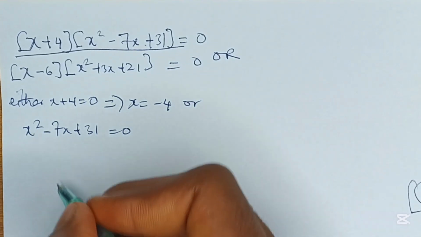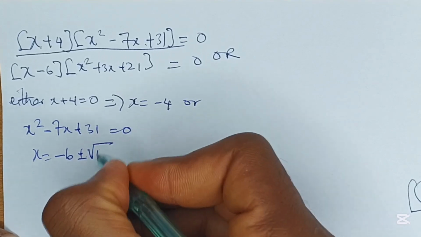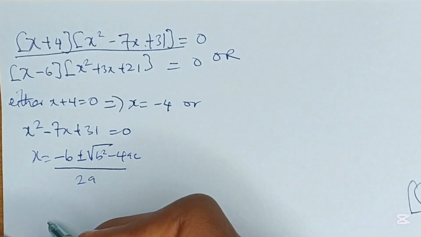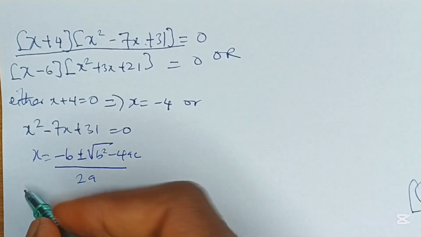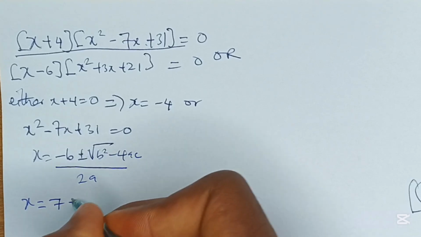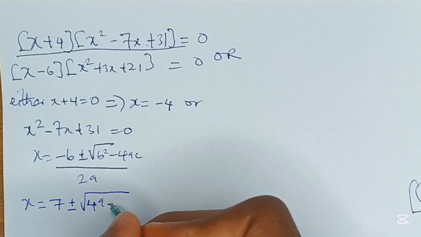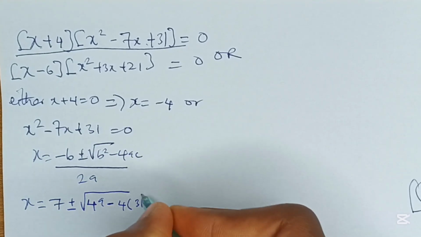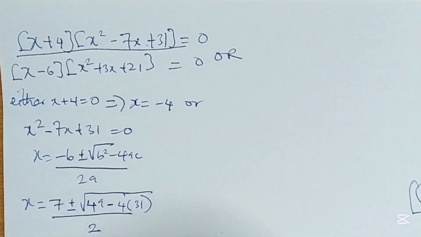Using the quadratic formula, we have that x is equal to minus b plus or minus square root of b squared minus 4ac all over 2a. Hence from here you now have that x should be equal to minus minus 7 is 7 plus or minus square root of minus 7 squared is 49 minus 4ac is 4 times 31 times 1, all over 2a is 2 times 1, which is 2.